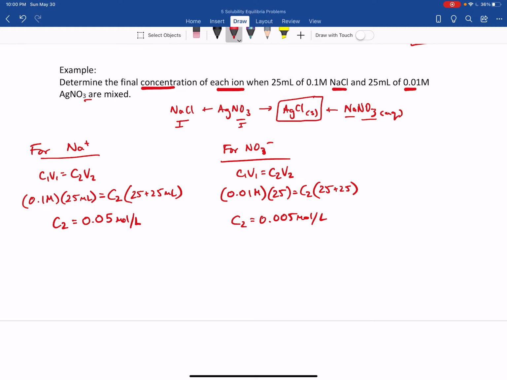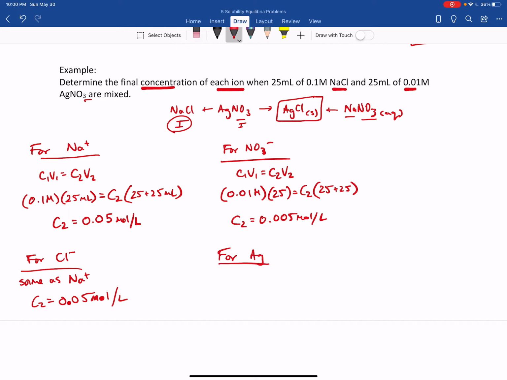So for chlorine, it's a 1-to-1 ratio. Again, it started off in the NaCl, so it has all the same numbers as the sodium ion. We'll just say it's the same as sodium in this case because they're 1-to-1. If they had different subscripts, we would have to go back and do the calculation. So its final concentration is also 0.5 moles per liter, assuming that it's saturated. We'll look at what happens when it's not saturated.